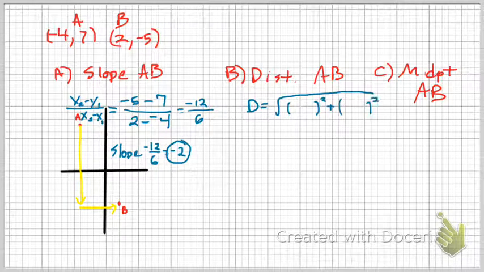Then there's the distance formula. It's the Pythagorean theorem, a squared plus b squared equals c squared, where c would be the length, the distance, the hypotenuse of a right triangle between A and B. Or you can just use this distance formula, which is pretty efficient, where the a squared is just subtracting the x's, which you see is -4 minus 2, squared. And then the b squared would be subtracting the y's, the 7 and the -5.